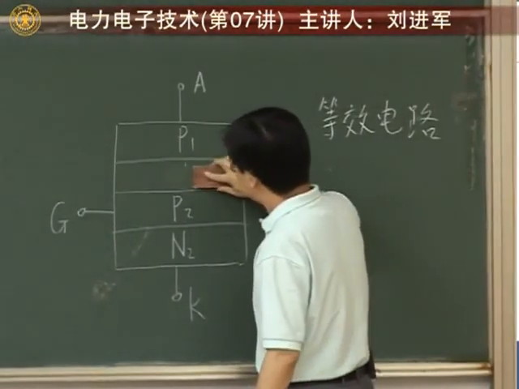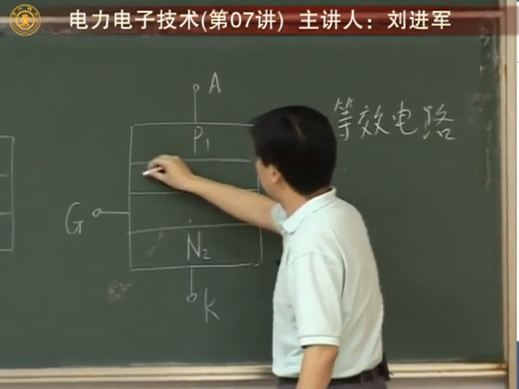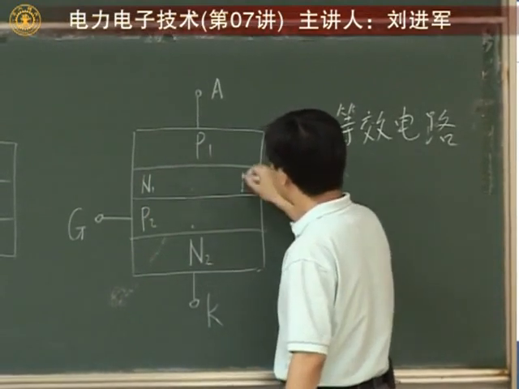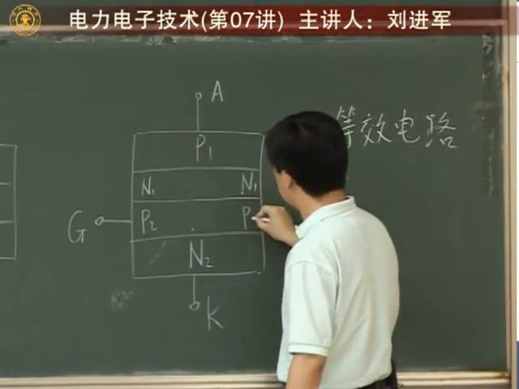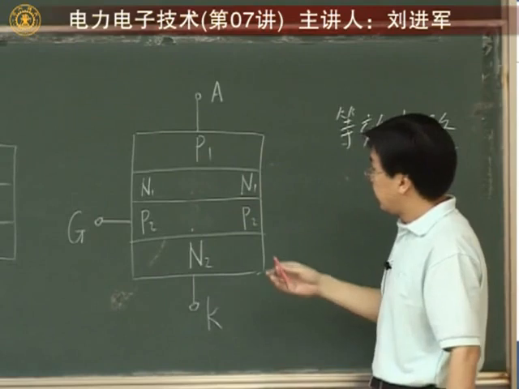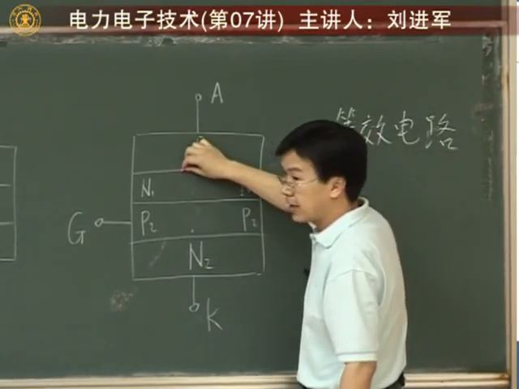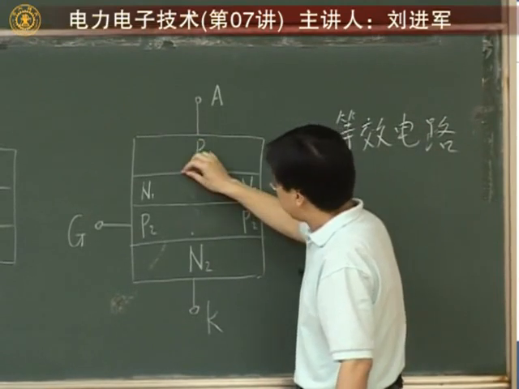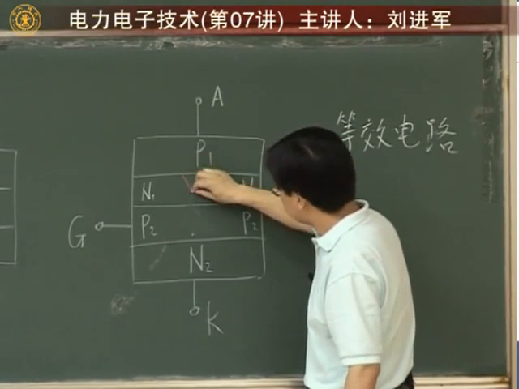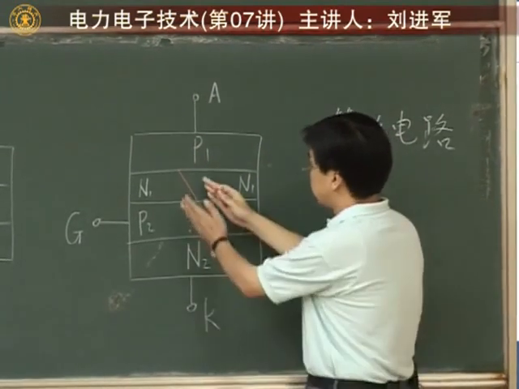Okay, let's see, this is P. This layer is called N1. This is called P2. Let me label this on both sides. If I consider this four-layer structure in this way, I cut this center two layers into two parts.